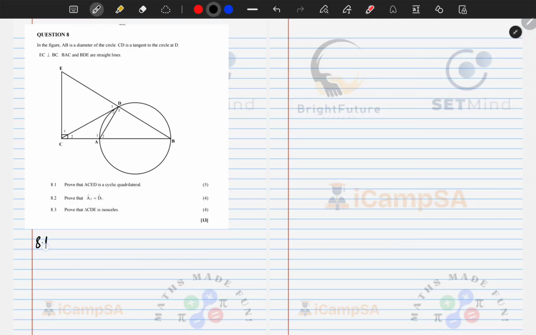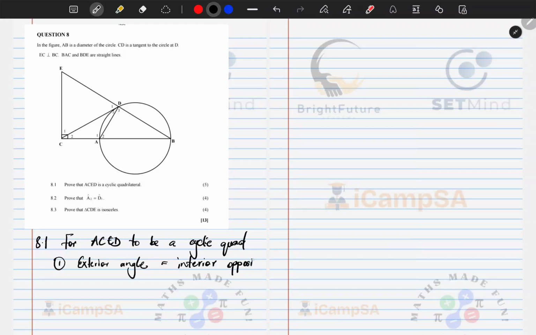Remember that in order for us to prove that something is a cyclic quadrilateral, so it's 8.1, for ACED to be a cyclic quad, we have to show that the exterior angle is equal to the interior opposite angle.